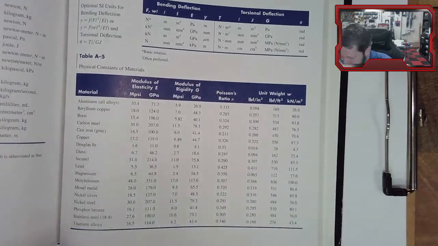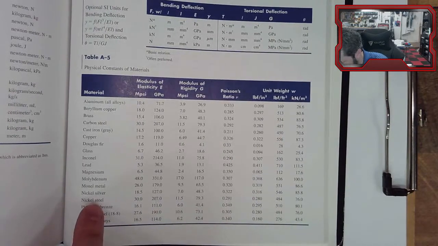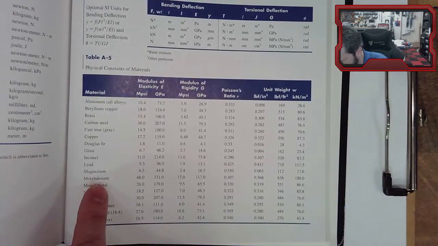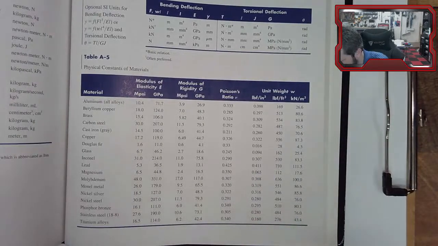Valve springs are a special steel. There is a nickel steel in here and a molybdenum that we could also use. A lot of them are like a chrome moly type thing. Let's just use the stainless one, 0.28. So you have to pick the right material for your spring to get the right specific weight for it. So 0.28 is what it was.